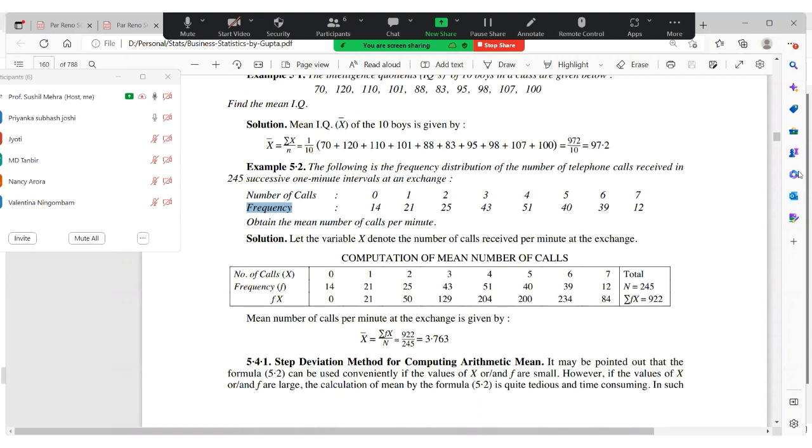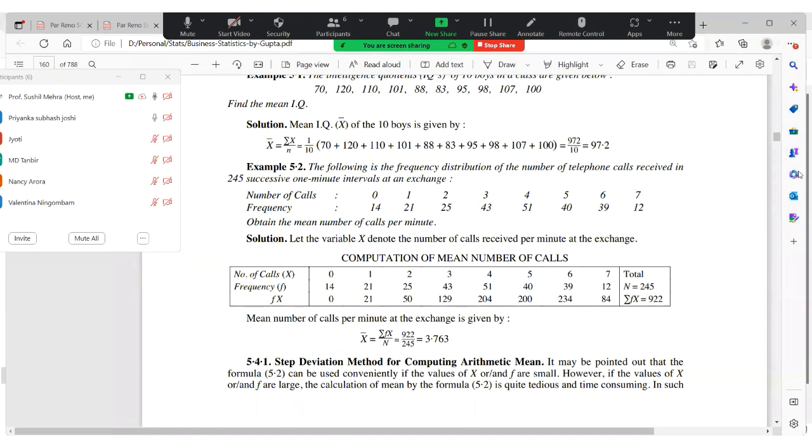That means within a 1 minute interval, 0 calls received happens 14 times, right? Within a 1 minute, 1 call received, 21 times happen. Within a 1 minute, 2 calls received, 3 calls received 43 times, and so on.